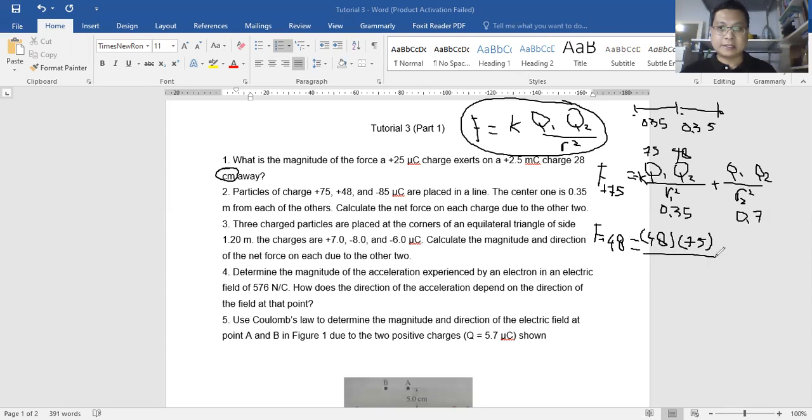This one is the first distance, 1 square plus 2.